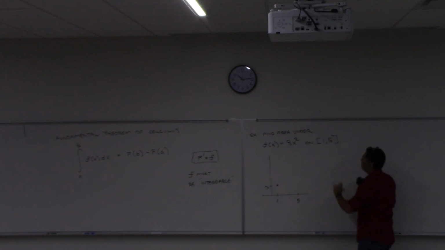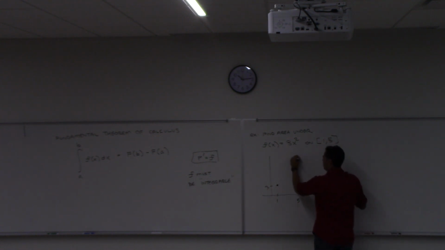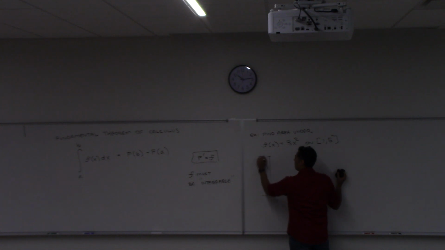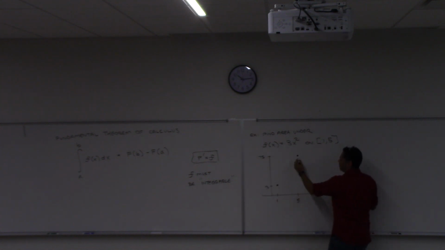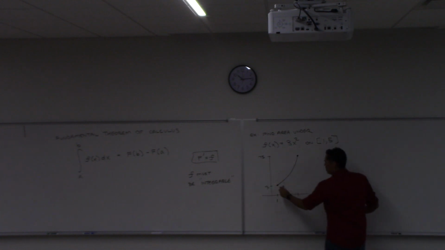And what happens if I plug in 5? 75? Okay, well, it's way up here. I'm just going to put it here. And this is a parabola, right? So it probably looks like this. We are trying to find the area from that function down to the x-axis. So if you imagine coming straight down, we're trying to find that area. What is it?